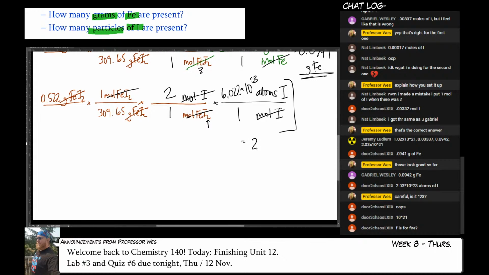So you should have gotten 2.02 or 2.03 times 10 to the 21 atoms of iodine. And that makes sense, because if I have the number of formula units of iron iodide, and I split them all into their constituent parts, I should have twice as many iodines as I started with formula units, because each formula unit has 2 iodine in it.